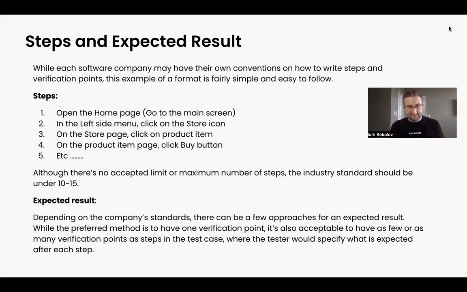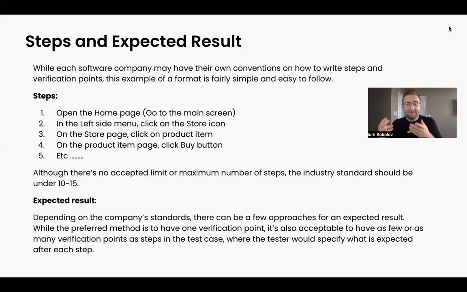The preferred method is to have one verification point per test case. So there is a test case that checks one particular thing, right? So what makes sense is to have one verification point. However, based on all the experience that I've seen in all the companies that I worked for, it is still acceptable to have as few or as many verification points as there are steps in the test case.